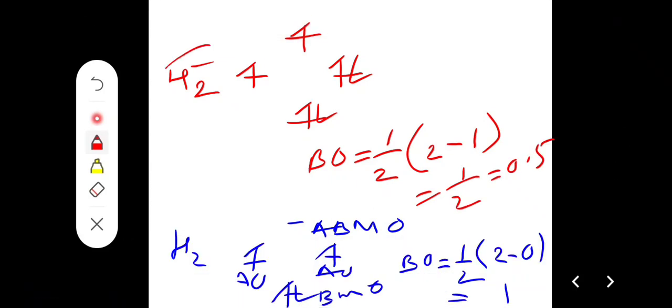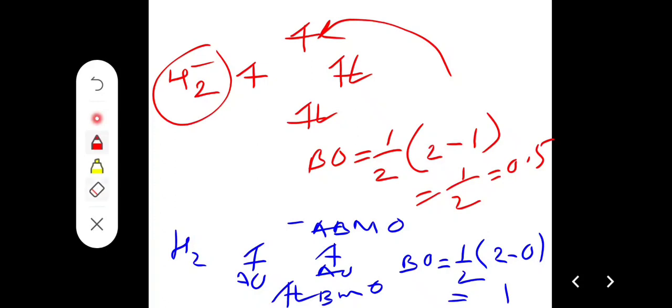So overall, when an electron goes to the anti-bonding molecular orbital, the bond order decreases.